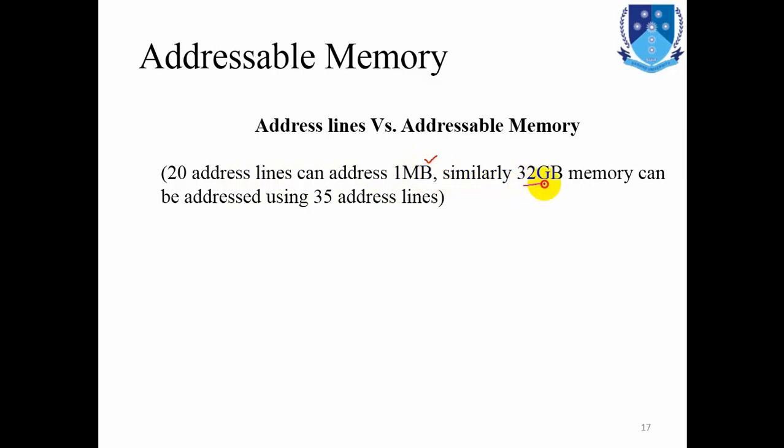Similarly, 32 gigabyte memory can be addressed using 35 address lines. How will we know how many address lines are used to address a memory of 1 megabyte, more than 1 megabyte, or less than 1 megabyte?